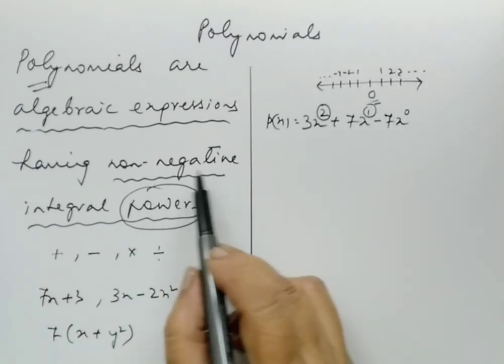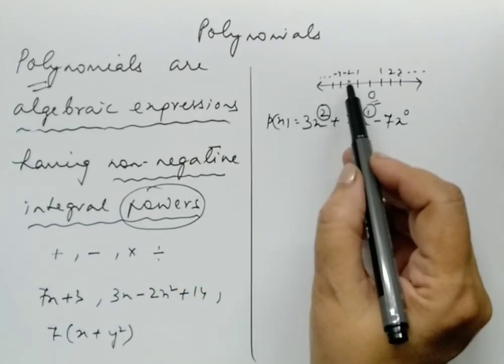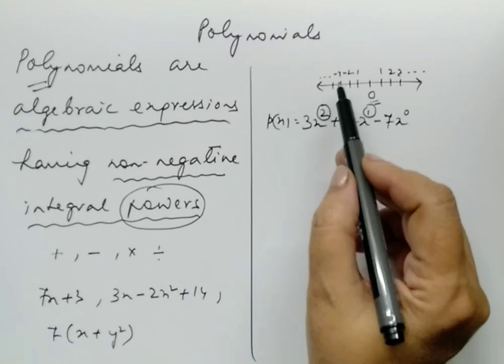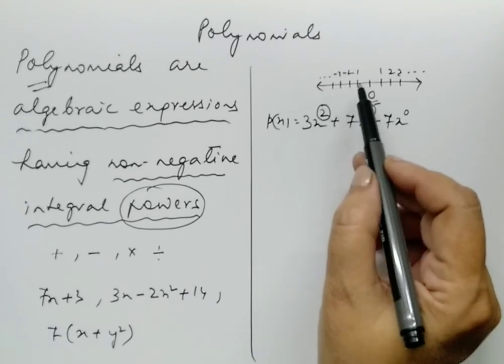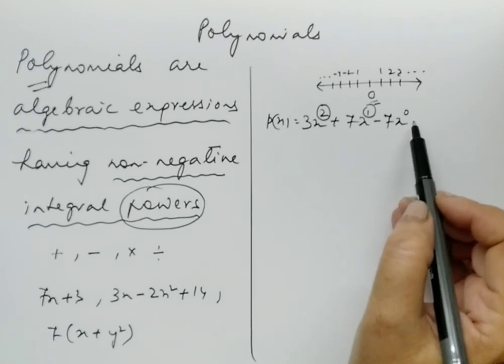The disclaimer here is non-negative, which means only negative exponents, negative powers, are out. They are restricted from being used in a polynomial.